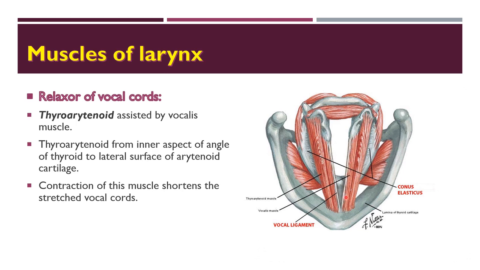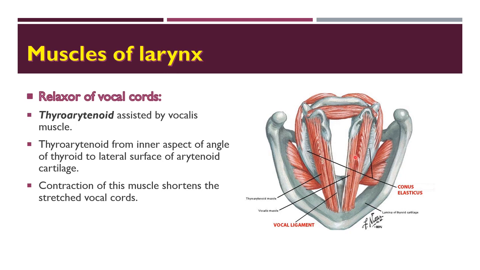The vocalis muscle is considered under both the tensor as well as the relaxer of the vocal cord, because it tenses the intermembranous part and relaxes the intercartilaginous part. So that is what the segmental tension of the vocal cord determines, the pitch of the sound produced.